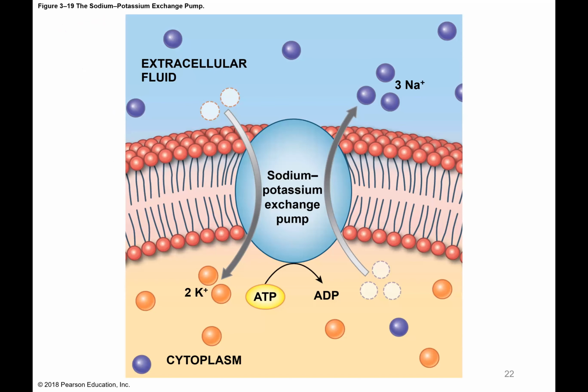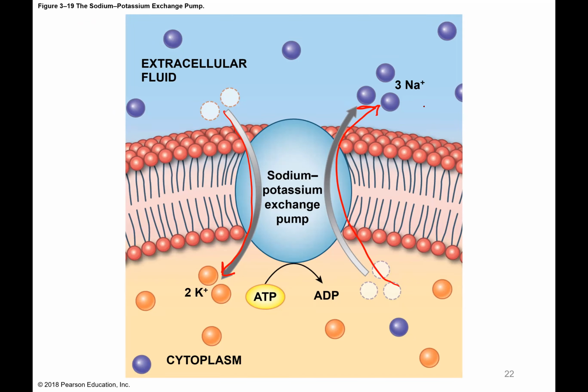So this is a sodium-potassium pump. It requires energy. It pumps out 3 sodium ions for every 2 potassium ions. The whole purpose of this sodium-potassium pump is to build up the ionic charge difference across the plasma membrane.